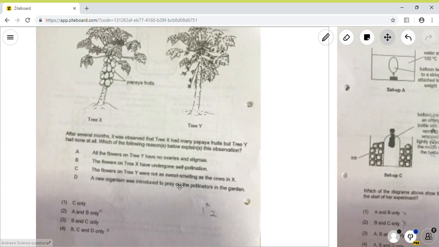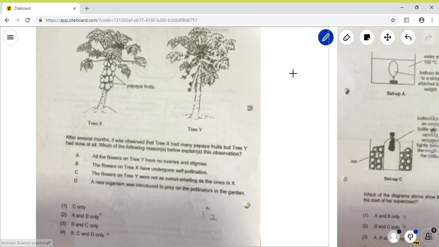Let's do some elimination. All the flowers on tree Y have no ovaries and stigma. This is a possibility, so that's why there are no fruits, because to have fruits you need flowers with ovaries.